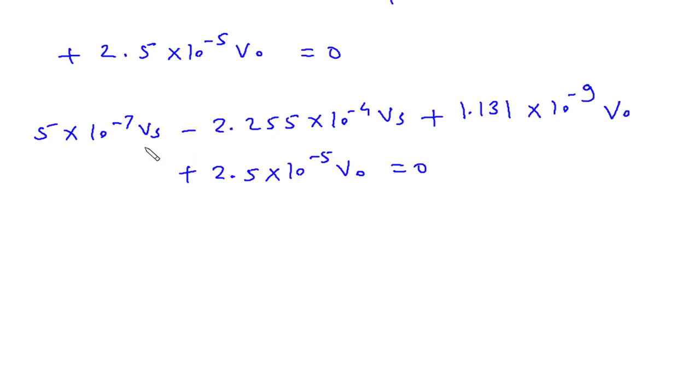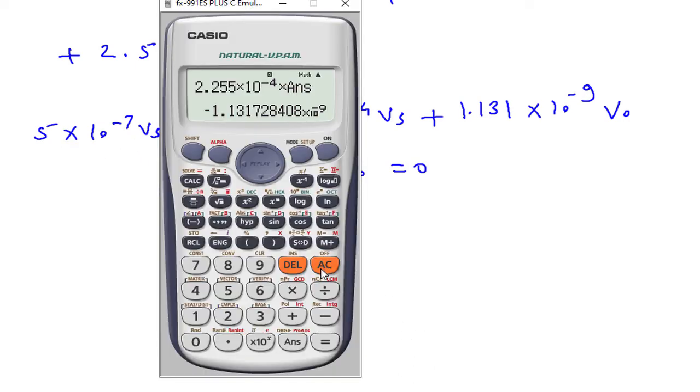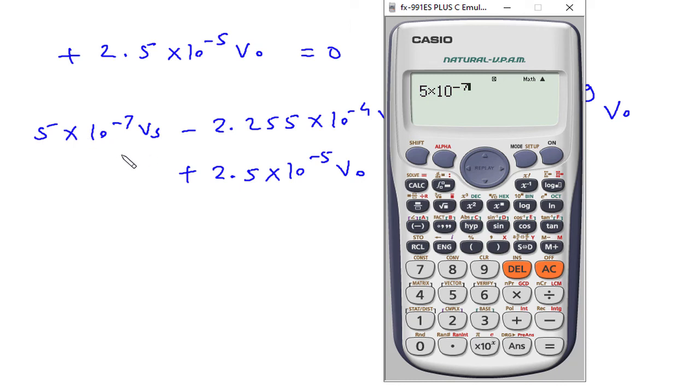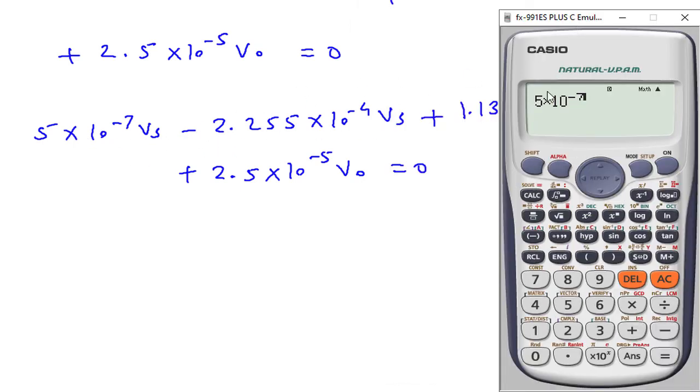Now from this will be 5 into 10 to the power minus 7, then minus 2.255 into 10 to the power minus 4.